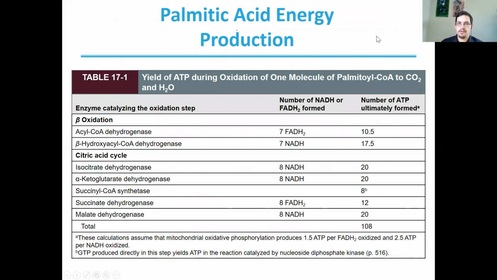So in terms of energy production then, we're producing 7 FADH2 and 7 NADH from the breakdown of palmitic acid, or palmitoyl-CoA. Right, so that'd be 7 times 1.5.